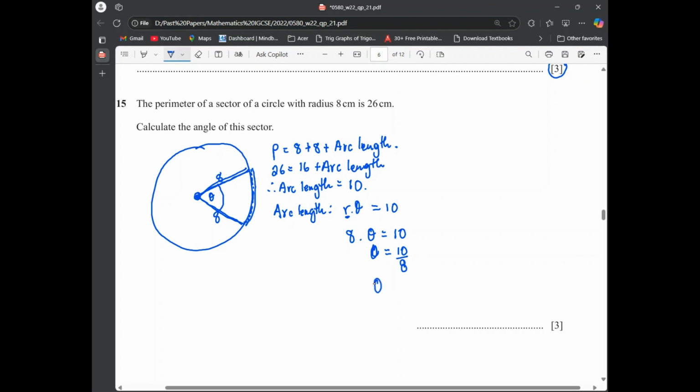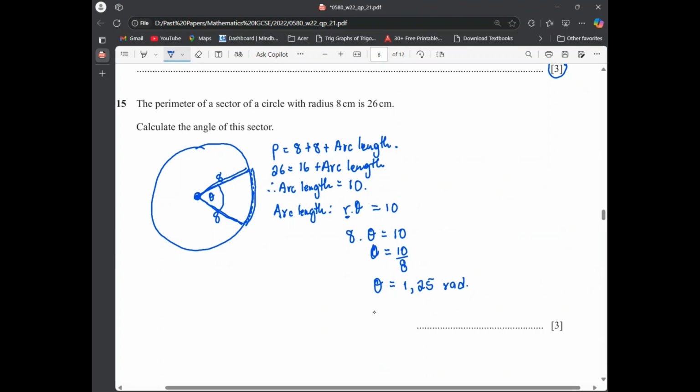Now your theta is 1.25, and that is in radians. Now we can change the radians to degrees if we wanted to, or if the answer demands, but this will also fetch you marks.